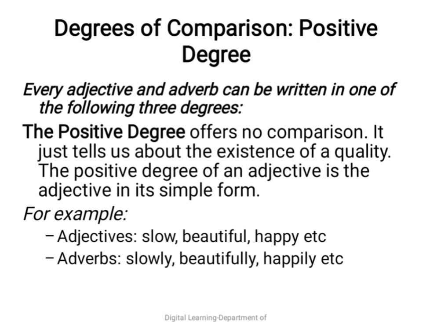So, the positive degree of an adjective is the adjective in its simple form. For example, the adjective slow, beautiful, happy, tall, dangerous, etc. And adverbs slowly, beautifully, happily, dangerously, whatever.